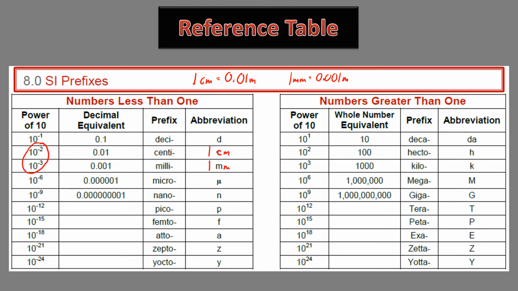We want to say that 1 centimeter is equal to 10 to the negative 2 meters, and 1 millimeter is equivalent to 10 to the negative 3 meters. That's what they're showing you. These numbers are the base unit equivalences of one of these prefixes. Okay, and then they even tell you how to pronounce each one.